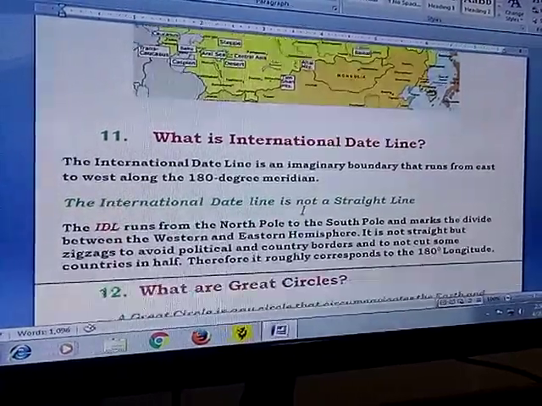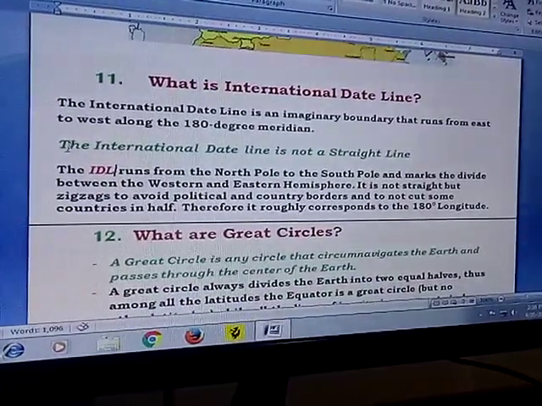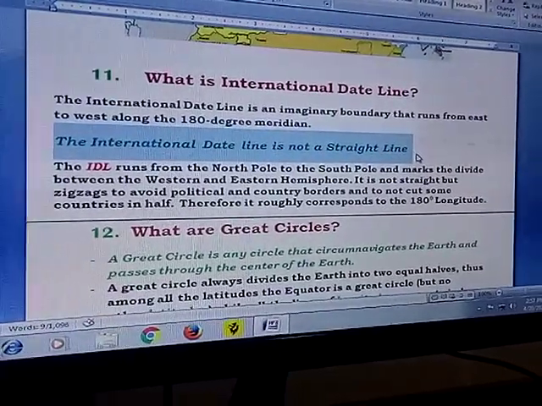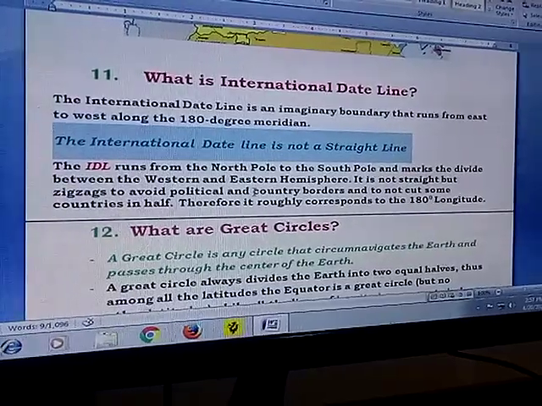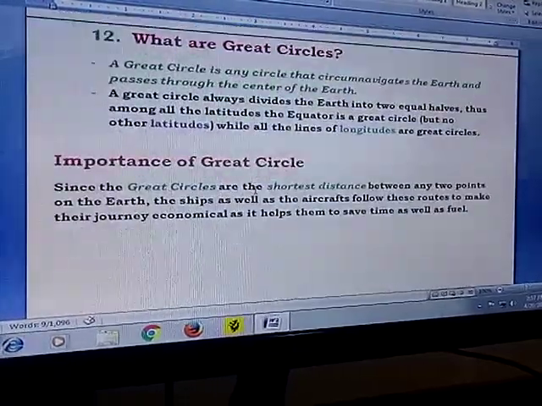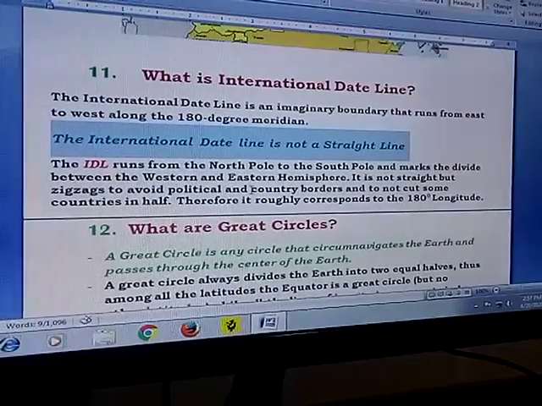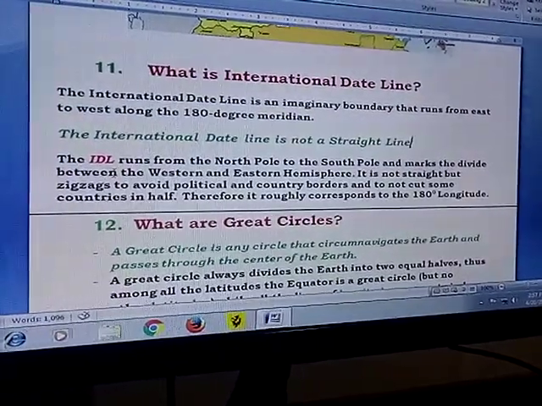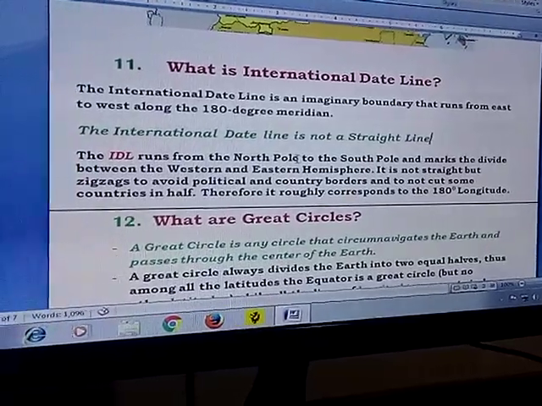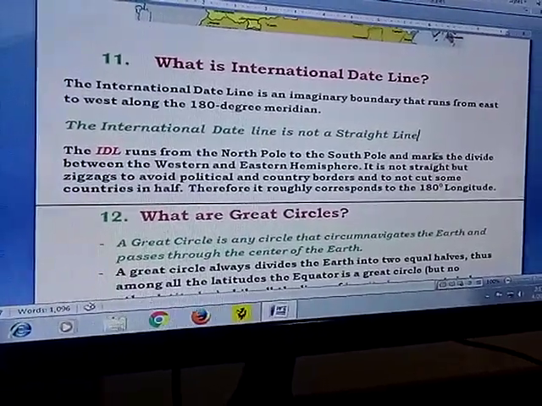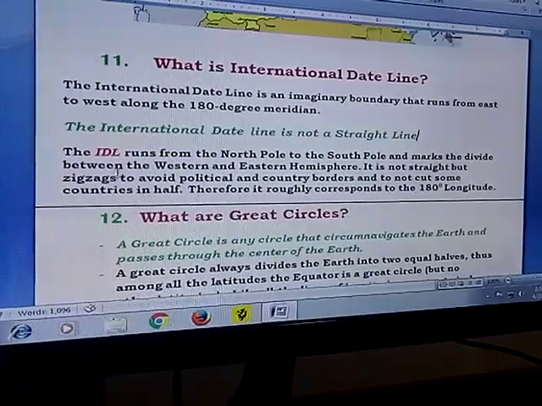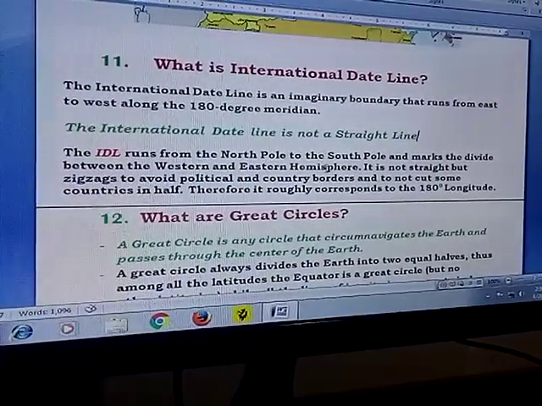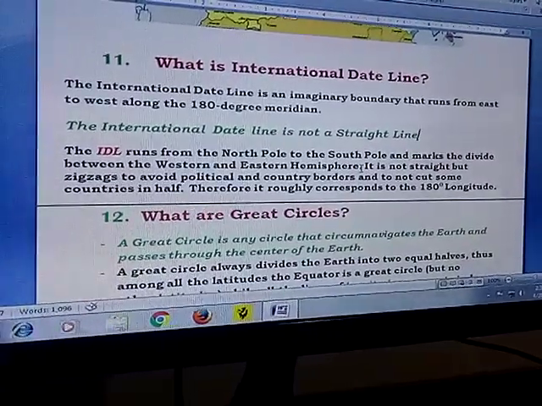Why? Because we are discussing this point. The international date line is not a straight line. If it were a straight line, then it would have merged. Now, why is it not a straight line? The international date line runs from North Pole to South Pole and marks the division between the western and eastern hemisphere.